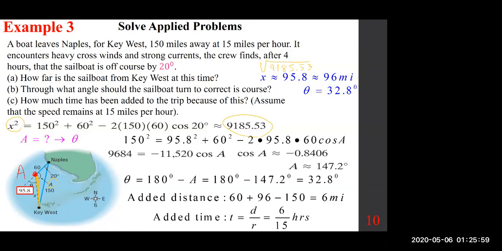That's the amount of time, and because it was miles per hour, 6 over 15 hours is the amount of time that has been added. Is everybody okay with this?